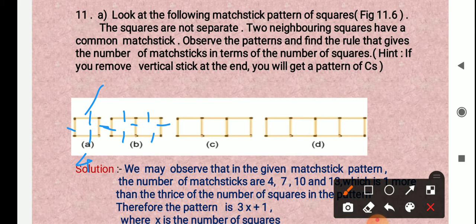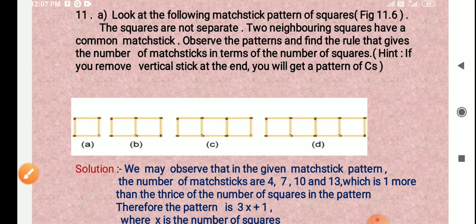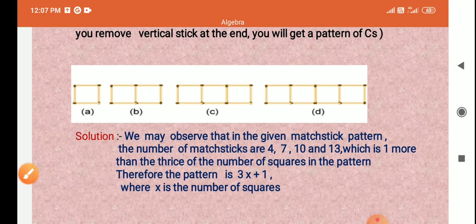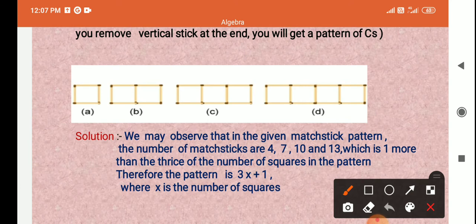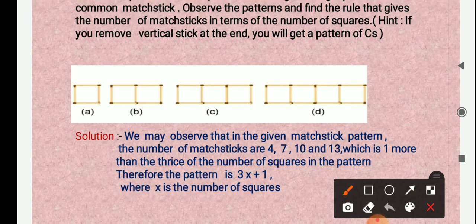For 2 squares 7 matchsticks are required. If we want to form 3 squares, then 1, 2, 3, 4, 5, 6, 7, 8, 9, 10. So in the given matchstick pattern, the numbers of matchsticks are 4, 7, 10 and 13.